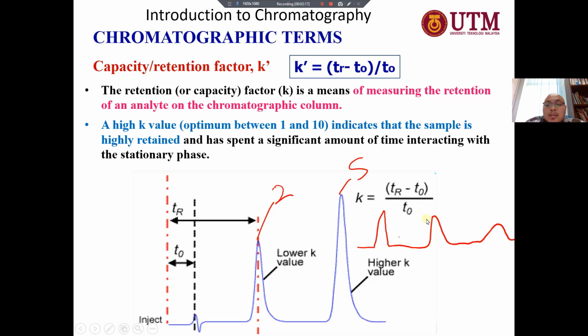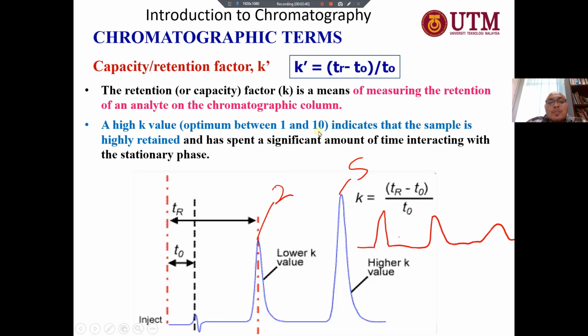To calculate the capacity factor, we need the adjusted retention time over the dead volume, that is, the retention time of the peak minus the retention time of the dead volume, divided by the retention time of the dead volume.